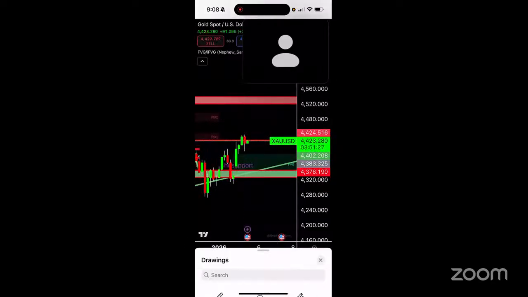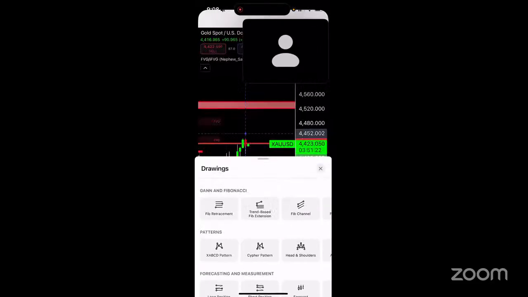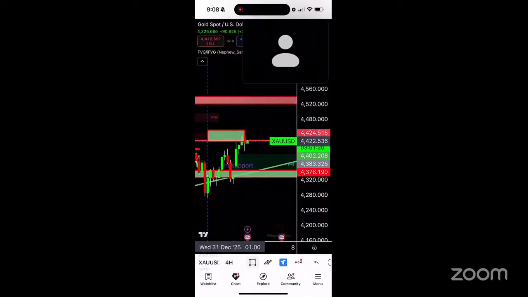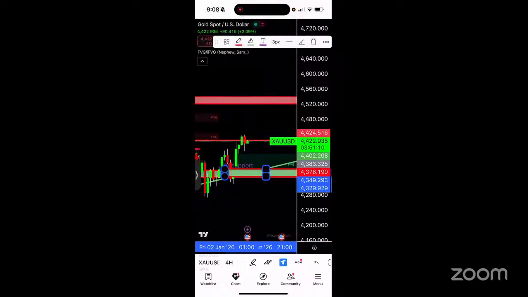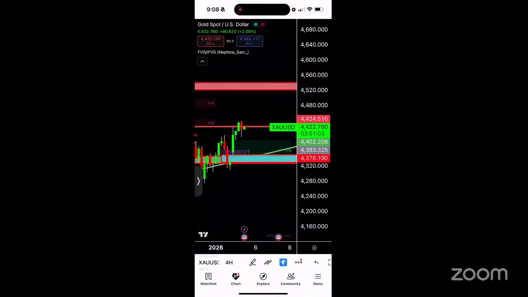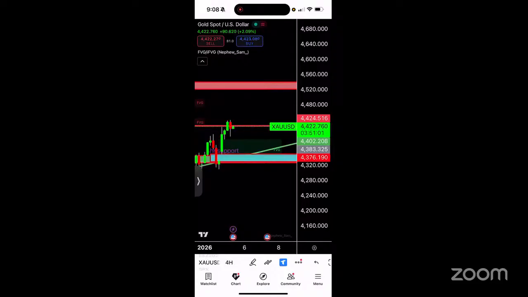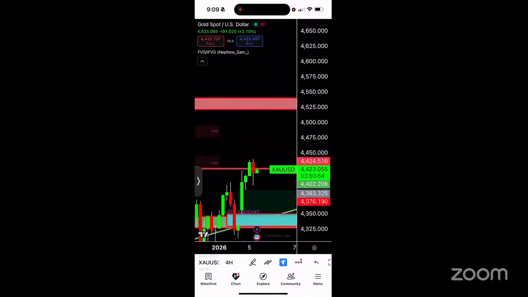Let me grab my rectangle tool. This blue shaded area here is the fair value gap. So it could come back to retest the support and fill that gap before it tries to reach this 4-hour resistance.